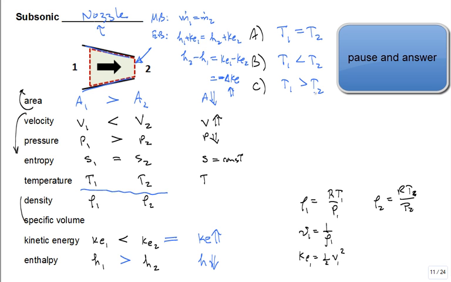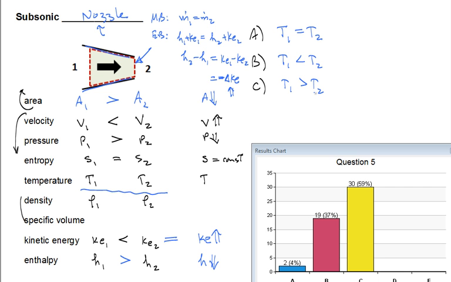All right, we're in, so I'm going to stop, and we show the results. So what is it? It's getting cold. So T2 is less than T1, true? Why is that true?